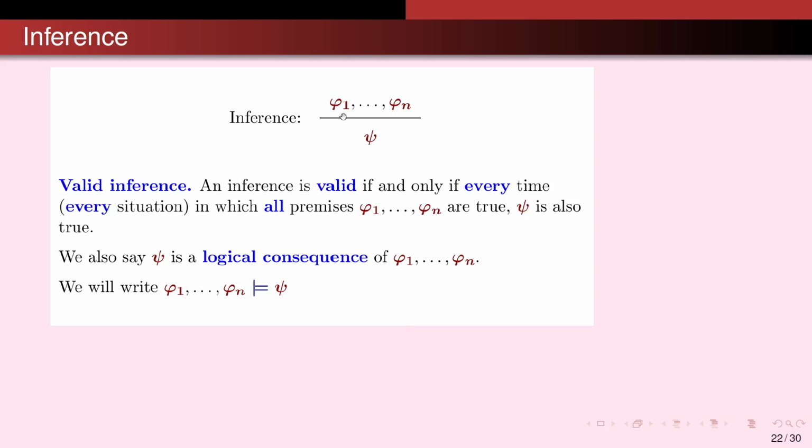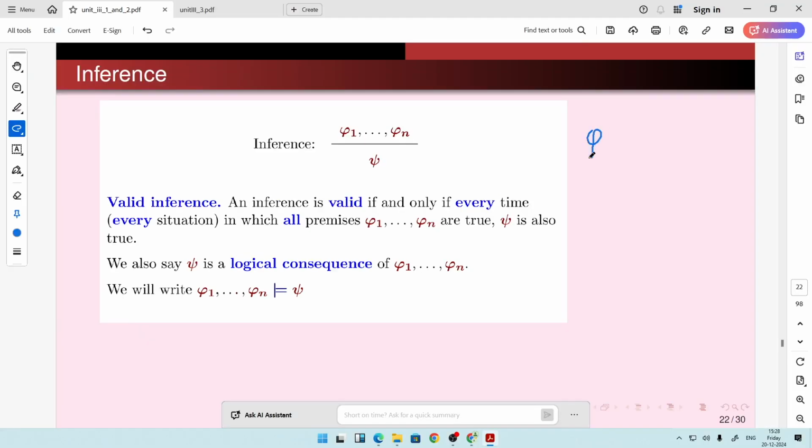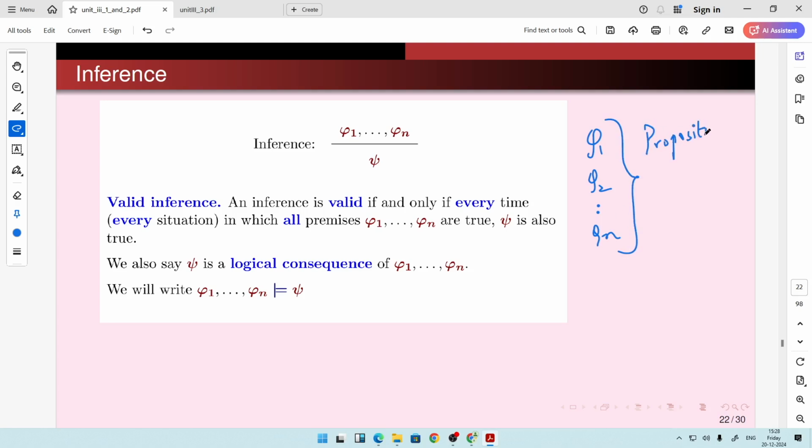The inference is written as phi 1 to phi n, where these are propositional formulas, and psi also is a propositional formula. So, given phi 1 to phi n, our job is to find psi.